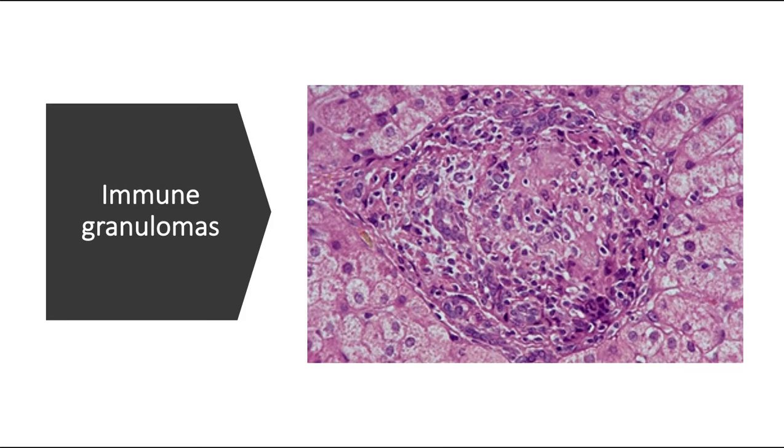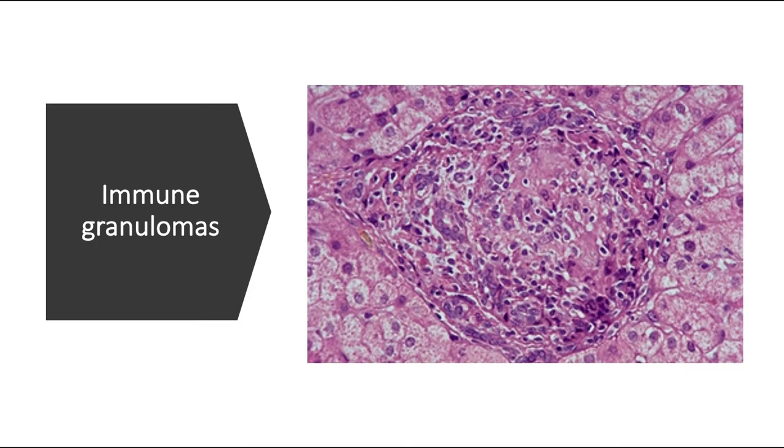In such responses, macrophages activate T cells to produce cytokines such as interleukin 2, which activates other T cells, perpetuating the response, and interferon gamma, which activates the macrophages.